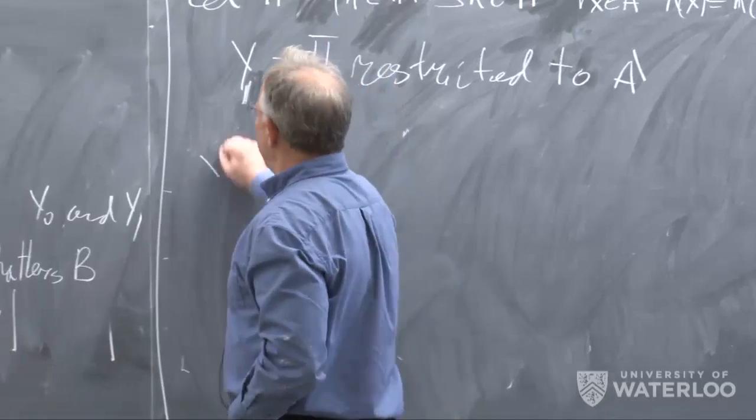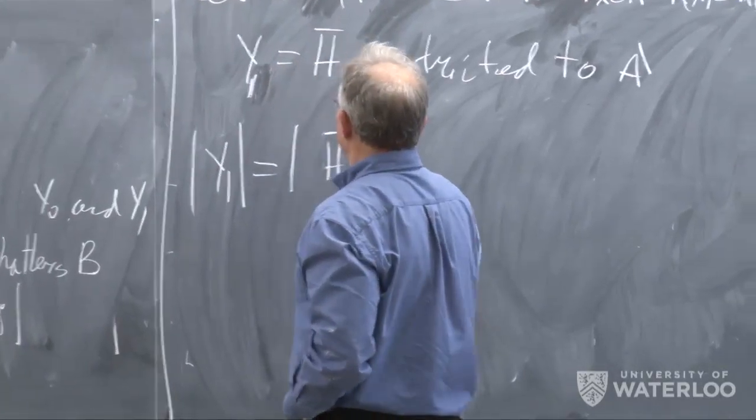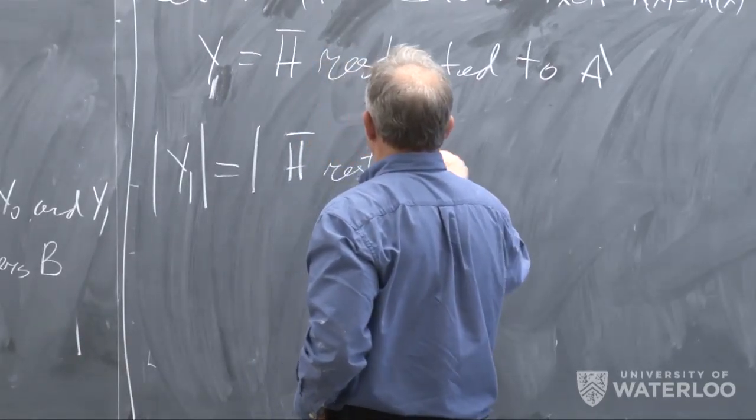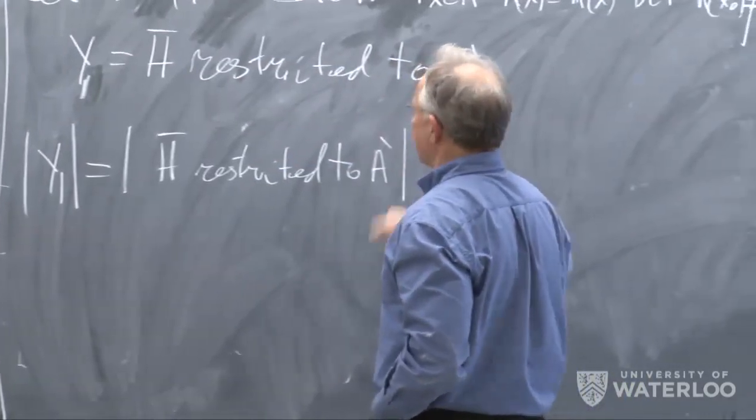So y1 is the size of H bar restricted to A prime.